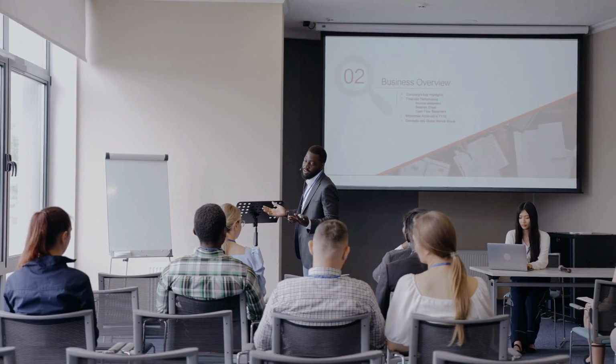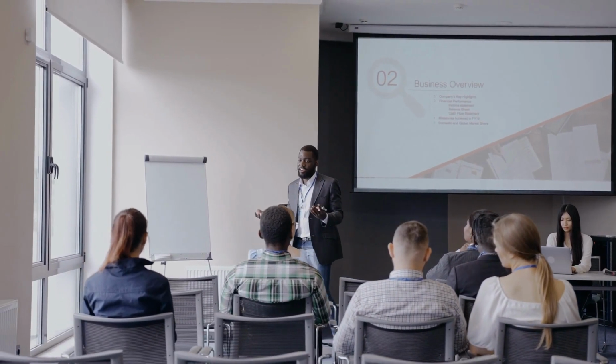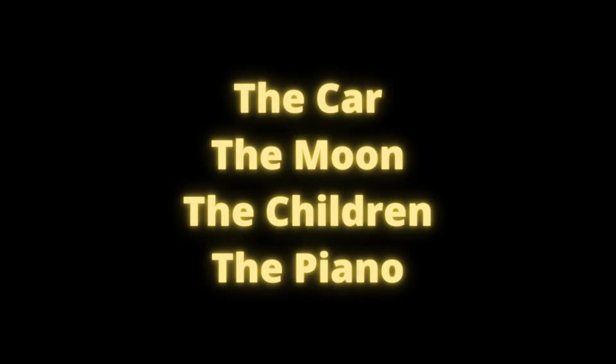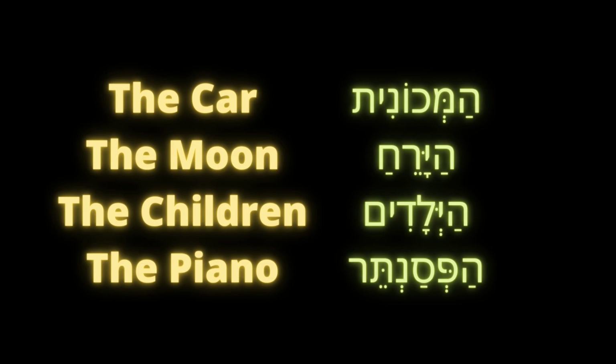The word et has no equivalent in English. In Hebrew, we use it to introduce a direct object, meaning a noun that has the word "the" preceding it in English, or the article ha in Hebrew.